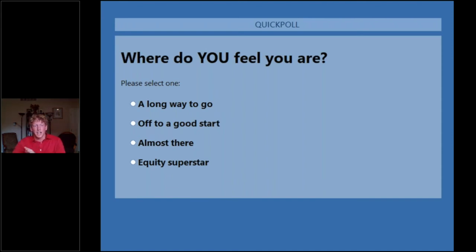This is 100% anonymous, so don't worry about being honest here. In fact, honesty is a really important consideration when we think about improving ourselves with regard to our equitable practices. So go ahead and take just a moment and fill that out. Where do you feel that you are in this walk?